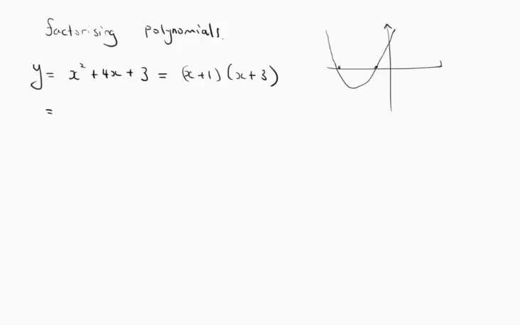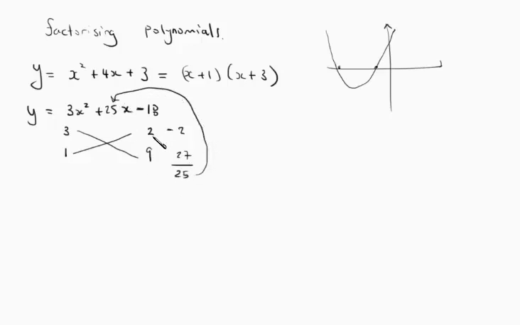If you have something like y equals 3x squared plus 25x minus 18, then you've learned the cross multiplication method. 3 times 1 is 3. 18 is made up of probably 2 times 9. 3 times 9 is 27. 1 times 2 is 2. So we want to make 25 with those two. If this was -2, then we get 25. So 1 times -2 is -2. Therefore, the bracket for this one is 3x minus 2 and x plus 9.